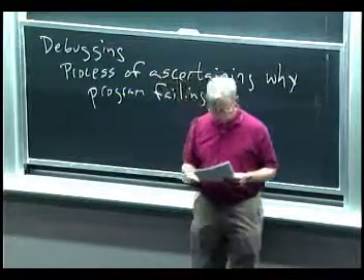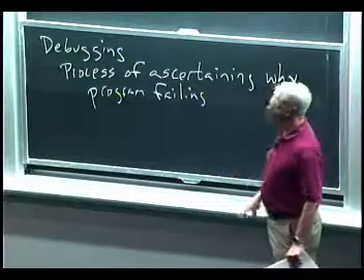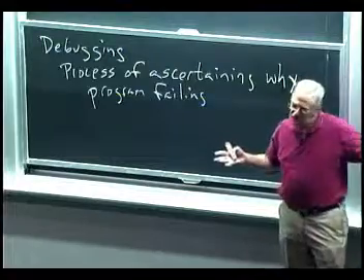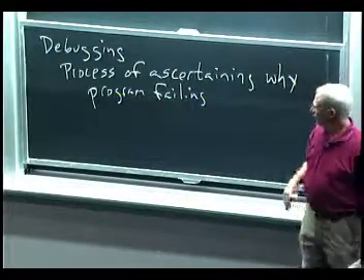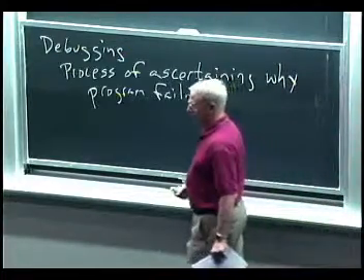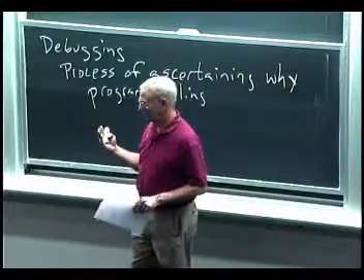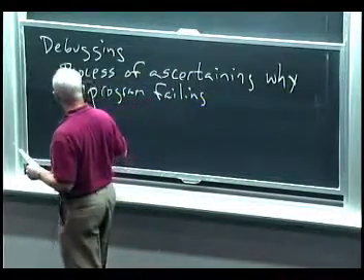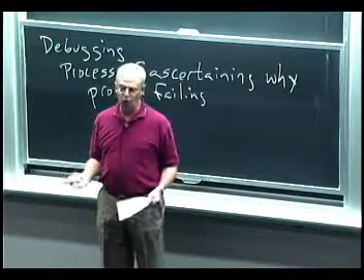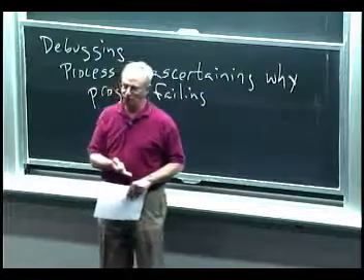Why it's failing to work properly. So validation says, whoops, it's not working. And now we try and figure out why not. And then, of course, once we figure out why not, we try and fix it. But today I'm going to emphasize not how do you fix it, but how do you find out what's wrong. Usually when you know why it's not working, it's obvious what you have to do to make it work.